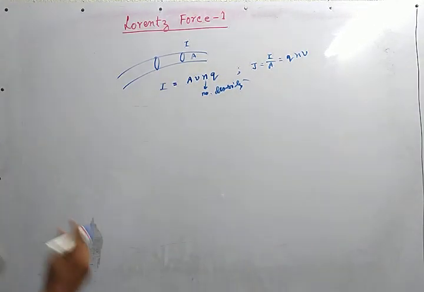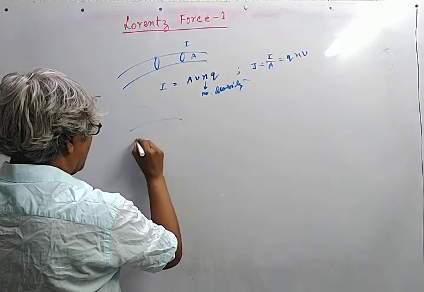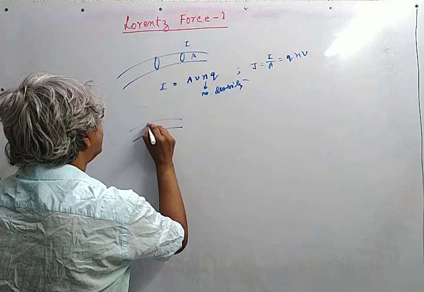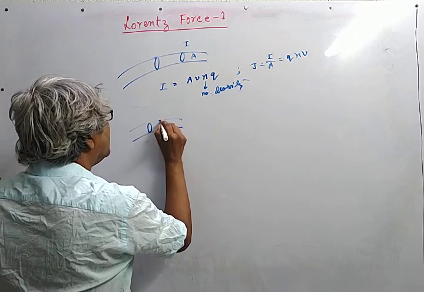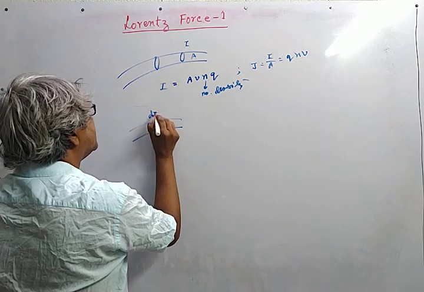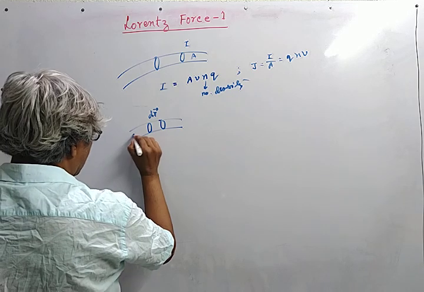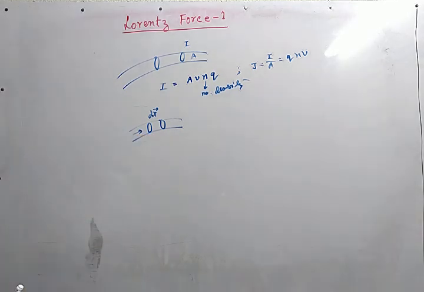Now, consider a conductor of small length delta L, a current element I delta r.